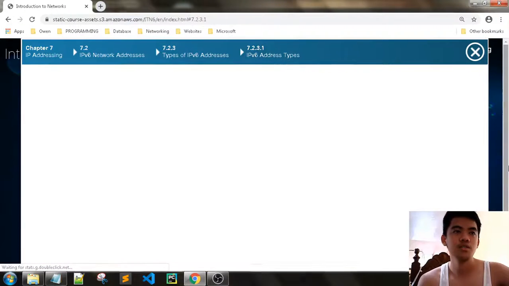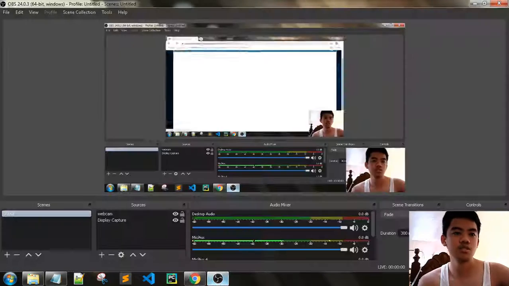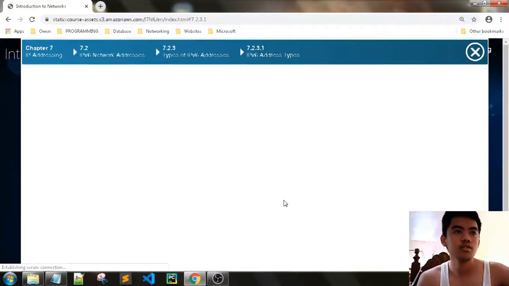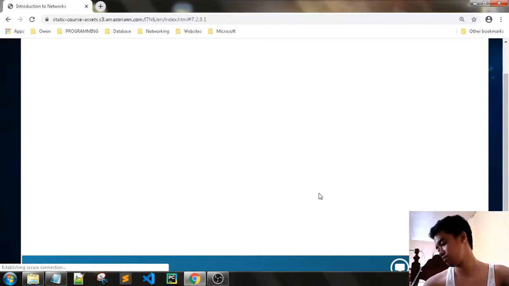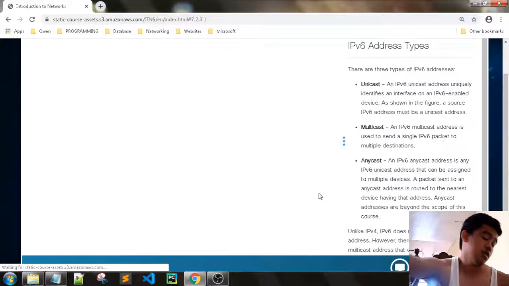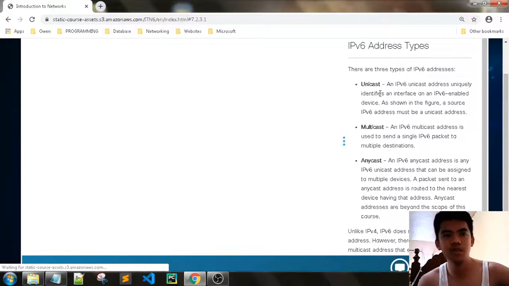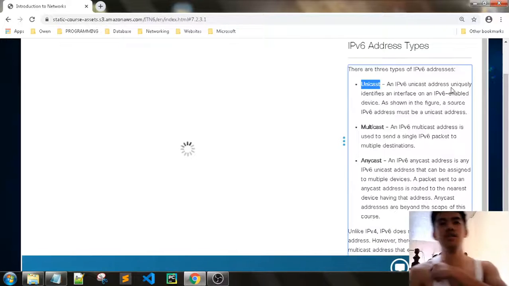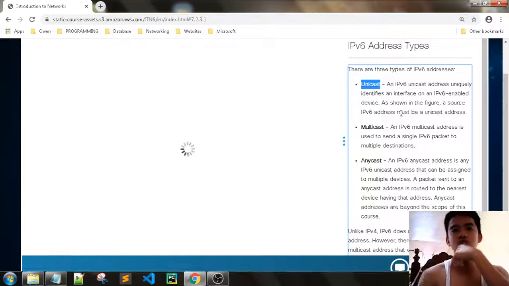IPv6 address types. The address types for v6. We have unicast, which is the unique address of the interface on the device.